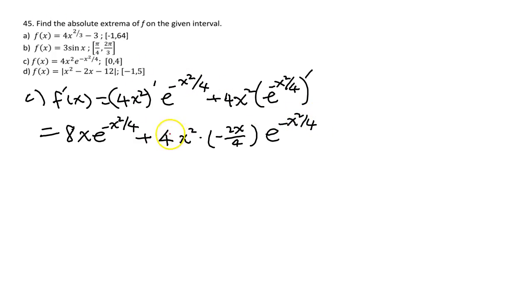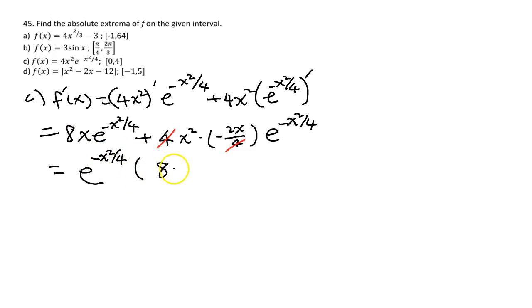As you can see, this 4 and that 4 cancel away, and then you end up with negative 2x cubed. Since these two terms have e to the negative x squared over 4 as a common factor, let's factor that out and see what we get.